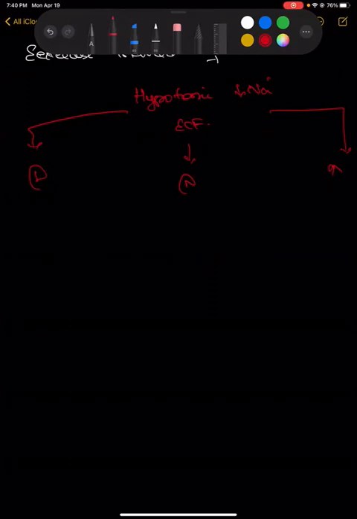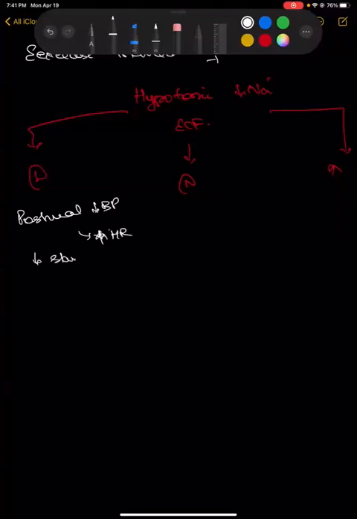It is always clinical, because we don't have any proper parameter to measure the ECF volume which is available very easily. So we look into the clinical profile. If the patient is presenting with postural hypotension or postural tachycardia, or if the patient is having decreased skin turgor, signs of dehydration, and the most sensitive one is the urine output.